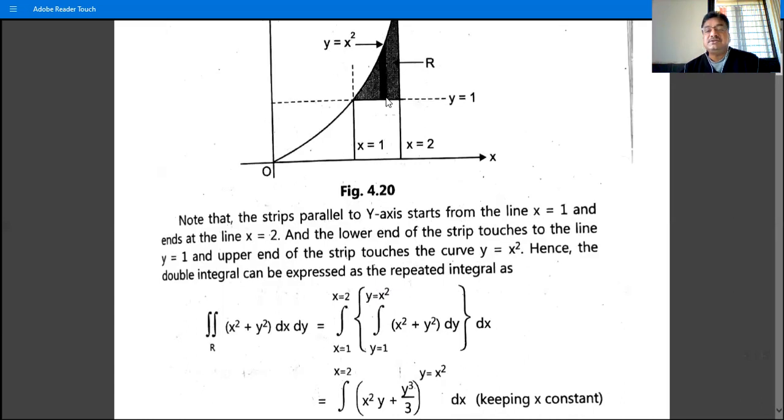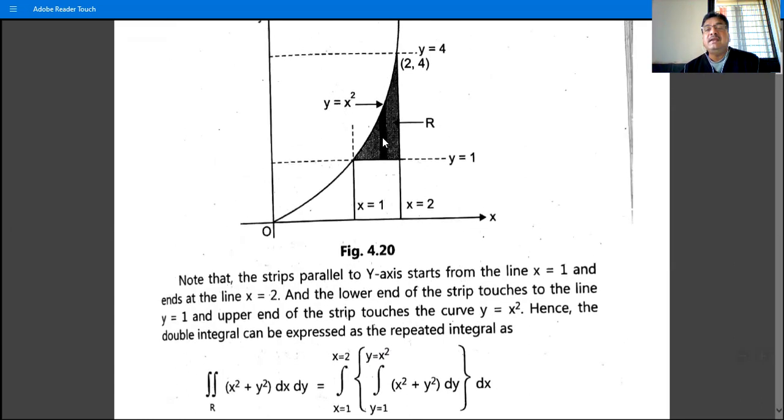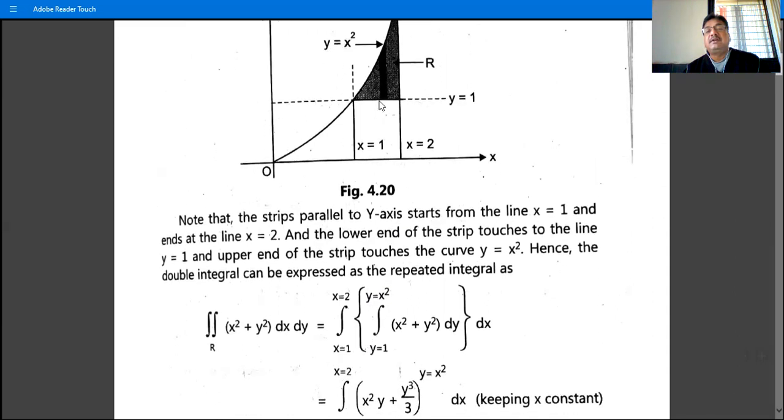One end of this strip touches the line y is equal to 1, so the value of y is 1. So y is equal to 1 is the lower limit, and the other end of this strip touches the parabola y is equal to x square. So from this the value of y is x square. So 1 to x square is the lower limit and upper limit.